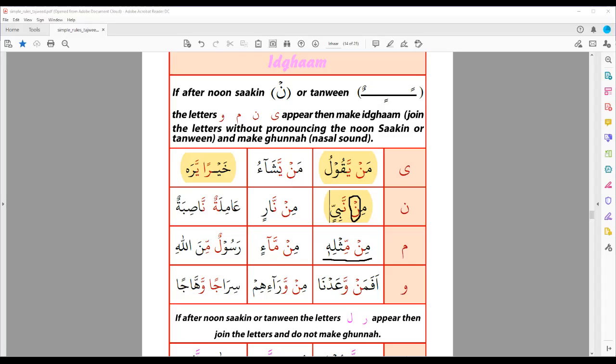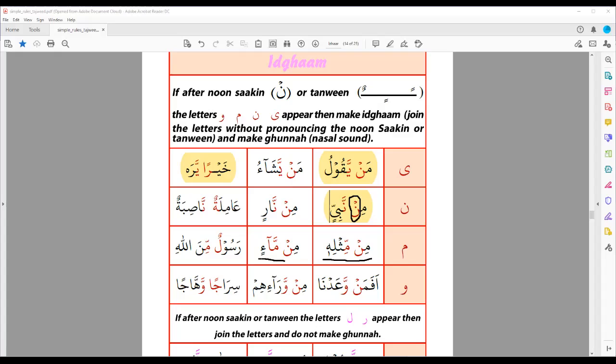If after nun sakin the letters of idgham come, then you need to make idgham. You merge the letters. You go directly to the mim and you skip the nun and you make about 1 second long gunna. So you say mim mithlihi. You cannot say min mithlihi. If you are saying min mithlihi, that's absolutely wrong.